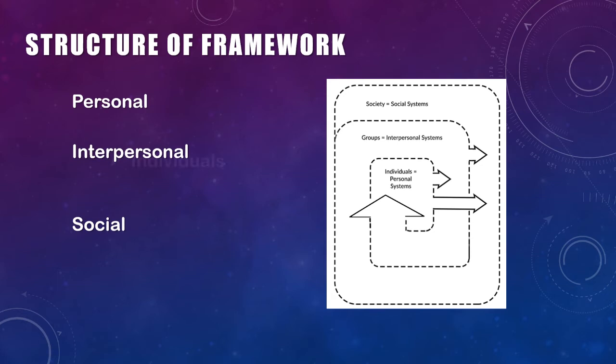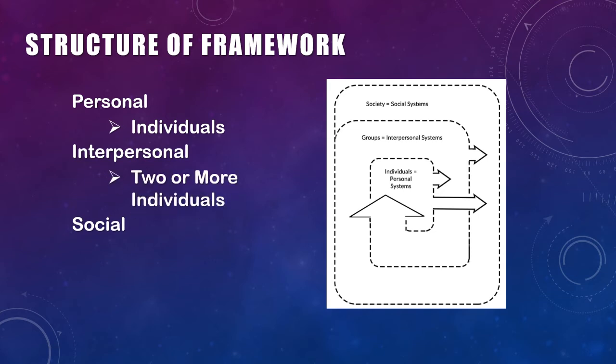Individuals are referred to as personal systems. Interpersonal systems are described as the interactions between two or more individuals. The last system she identified is a social system, which is formed from the group of people making up the society.